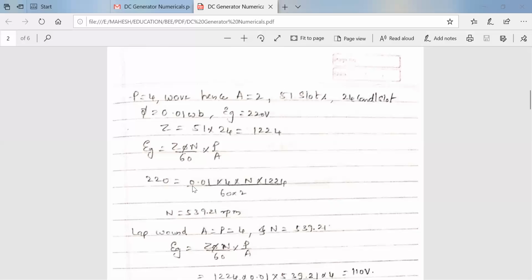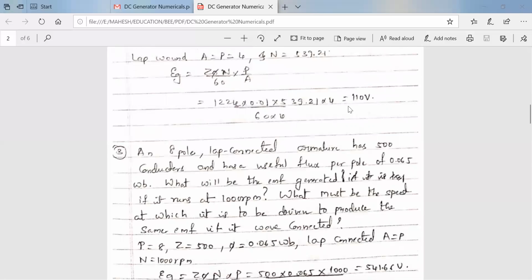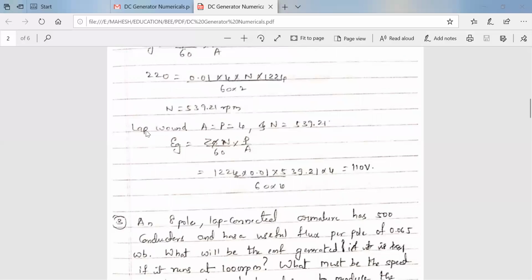So flux is given 0.01 and poles is given. So we need to calculate the speed. On substituting the values, we get N equals 539.21 rpm. Next question, he has asked to calculate the EMF generated when it is lap wound with the same speed.